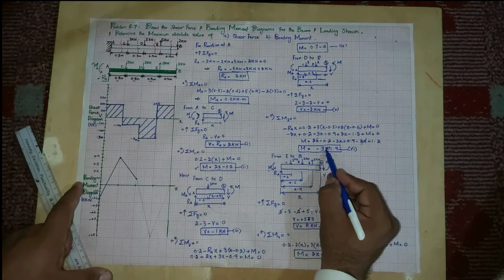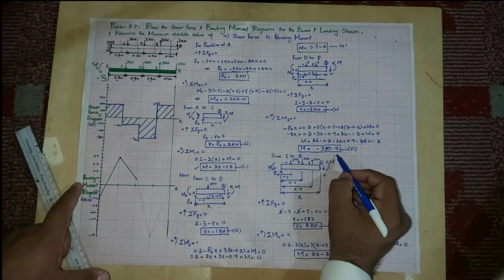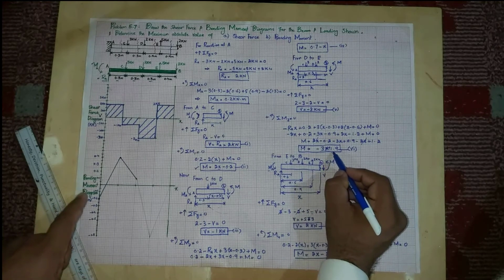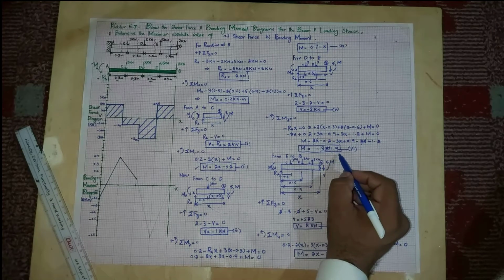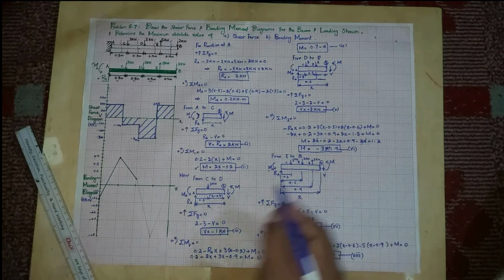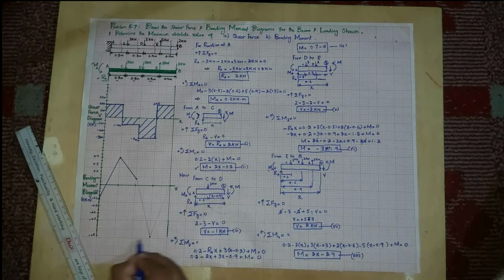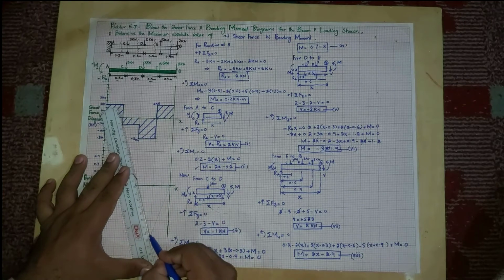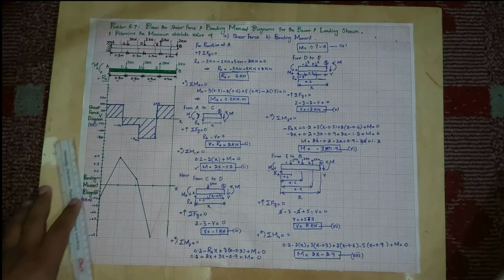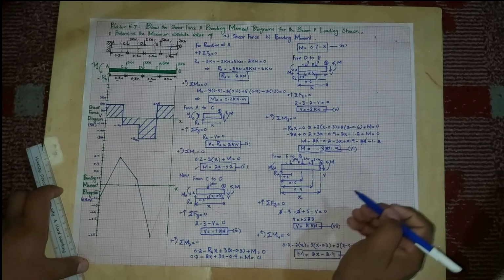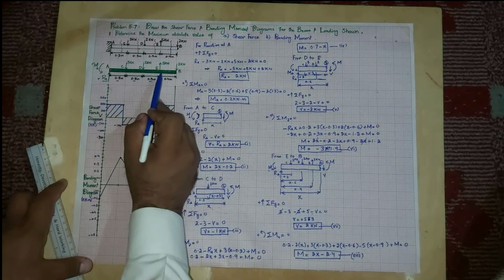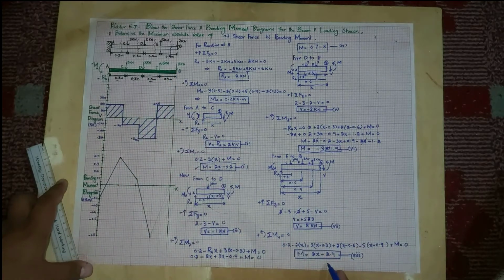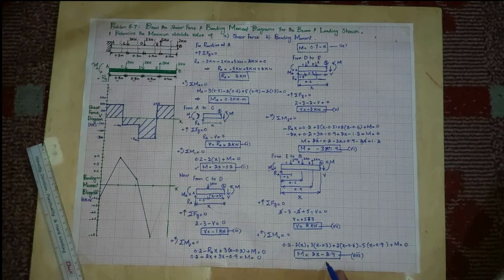So when you put 0.9 and you solve it, it will give you minus 0.8. Clear? So minus 0.8 comes out to be here. So again, you have to join them over here like this.